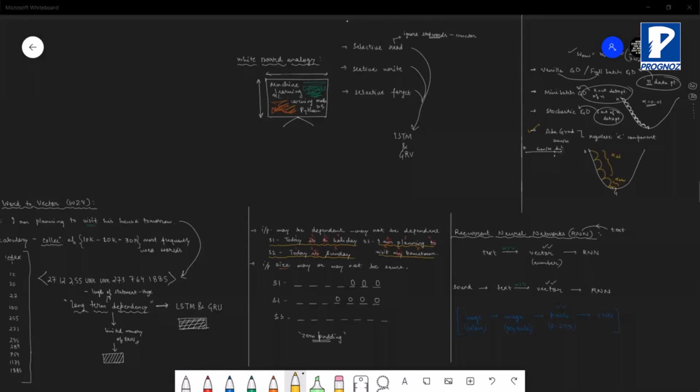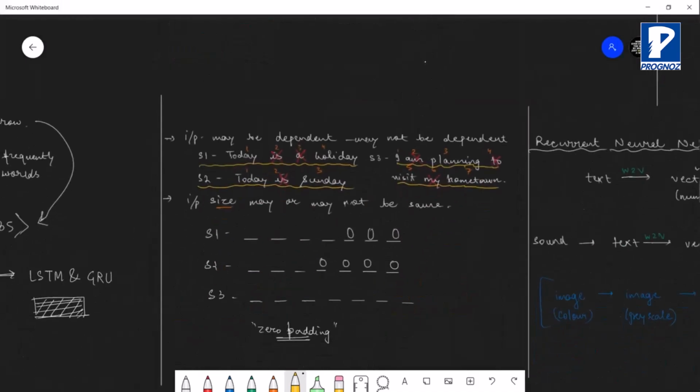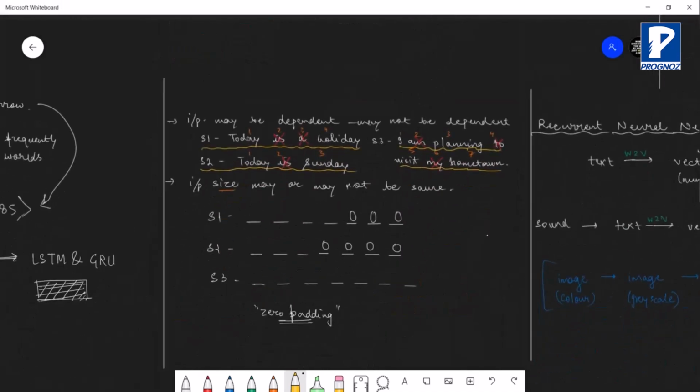Sir, yeah, Ravi. So is zero padding just like when we try to merge two different sizes of sequences, where you get NaN kind of thing, right?